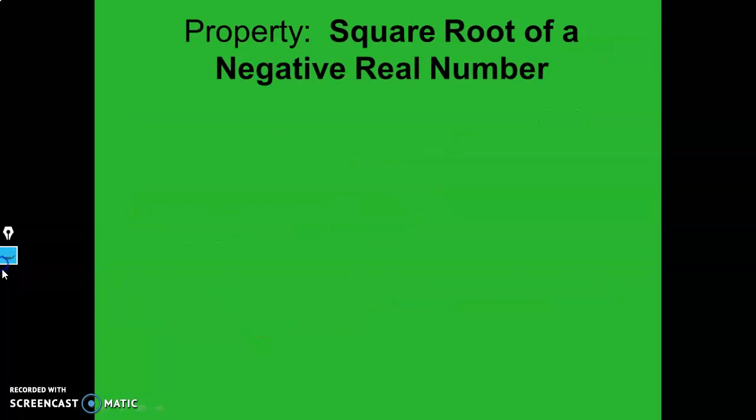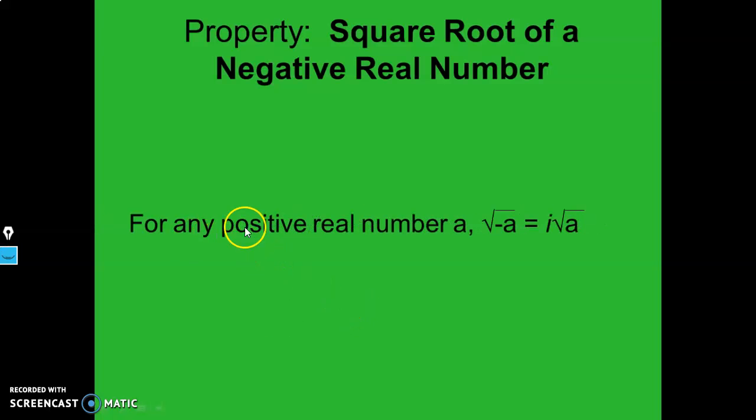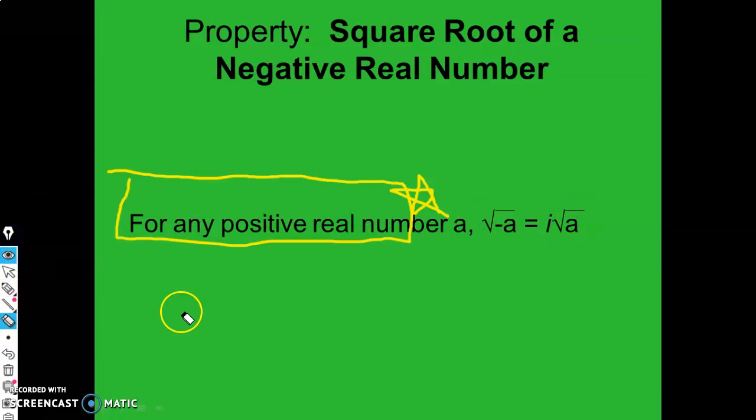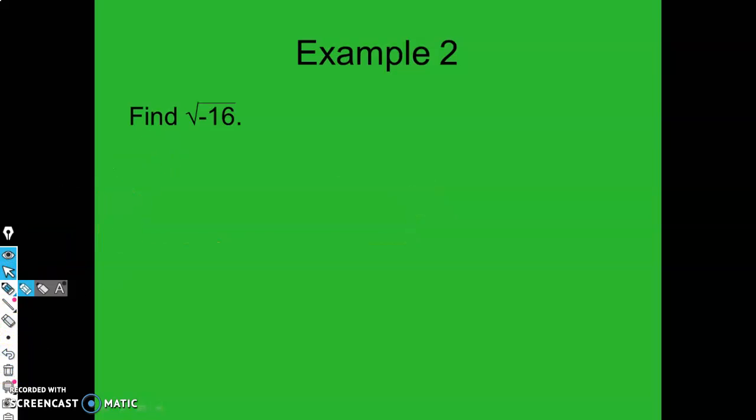So here's a key property for imaginary numbers. For any positive real number a, the square root of -a is just equal to i times root a. Let's show you what that actually means. Here we've got the square root of -16. So we have the square root of a negative number.